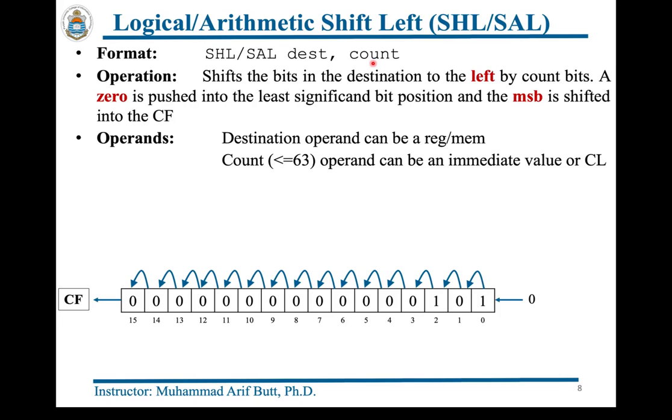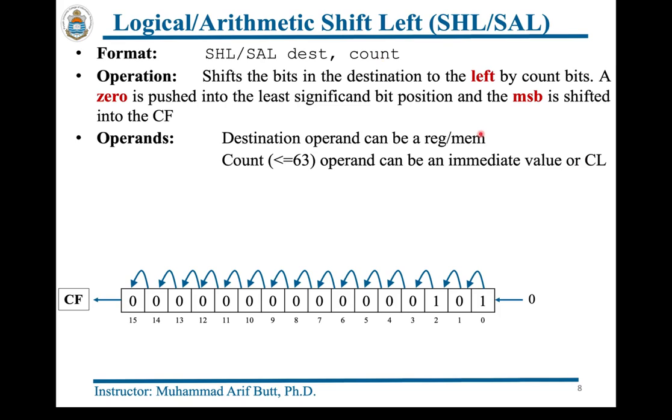So to have more than one shift operation in a single instruction, you can keep the value in the CL register. Since we are using NASM, which allows the immediate value to be greater than 1, we may not be required to use the CL register anyway.